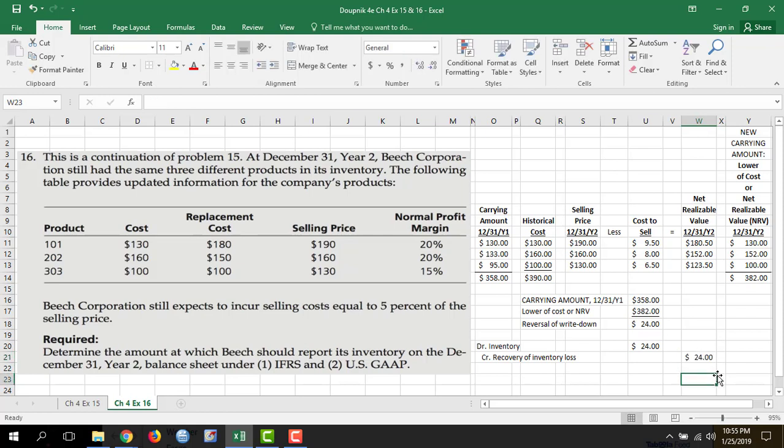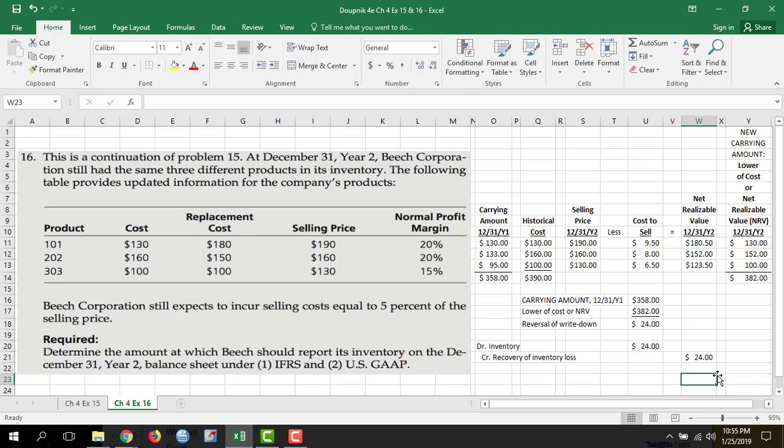So we have a reversal in part of the write-down that we had done at the end of year 1 in exercise 15. If you recall from exercise 15, the original write-down was $32. So we've reversed a part of that with the journal entry to the lower right hand of the screen with a debit to inventory of $24.